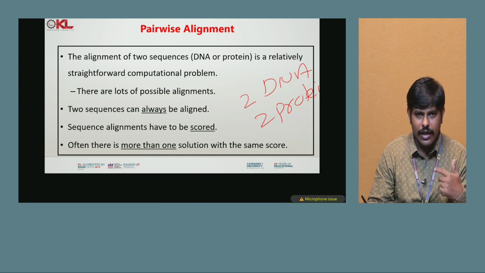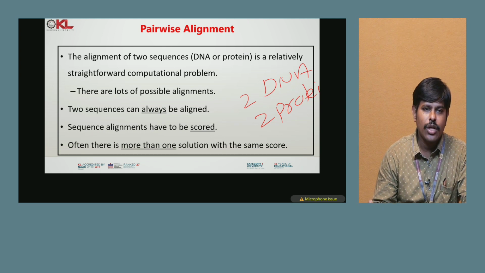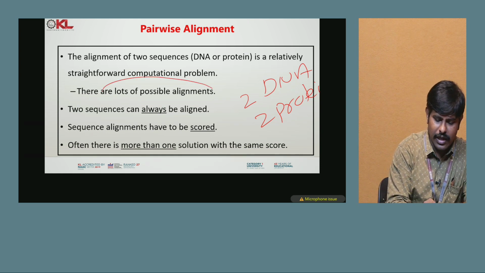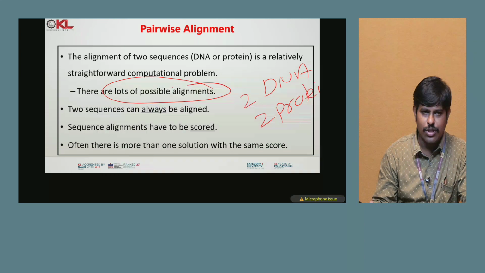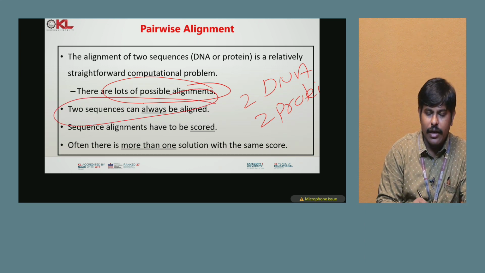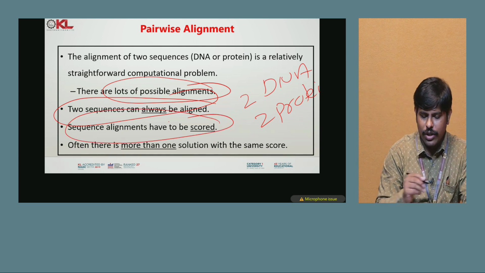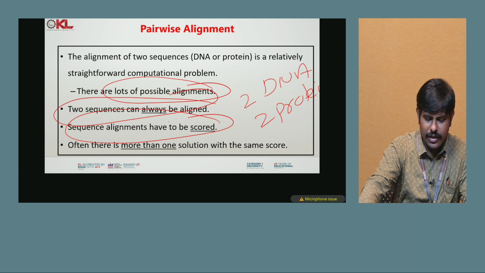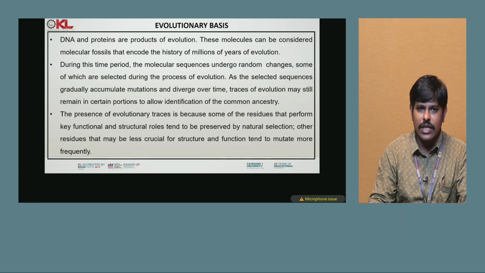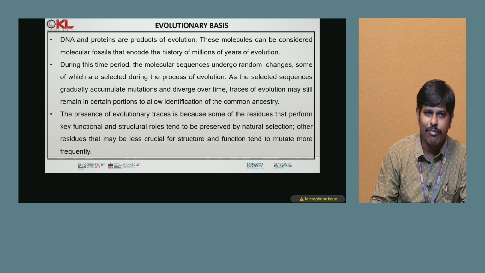When you are aligning the sequences, there are so many ways you can do the alignments. So there are a lot of possible alignments, which is a computer science problem, and mathematically any two sequences can be aligned, and while doing the alignment you can provide a score. Evolutionary basis is there for the sequence comparisons.